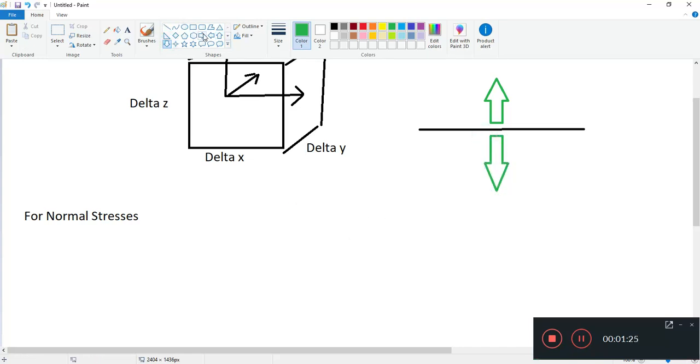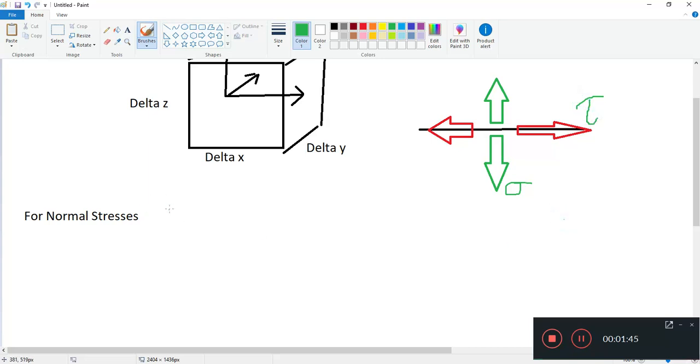Shear stresses will be this way or this way. Normal stresses you usually denote by sigma, and for shear stresses, you usually use the symbol tau.